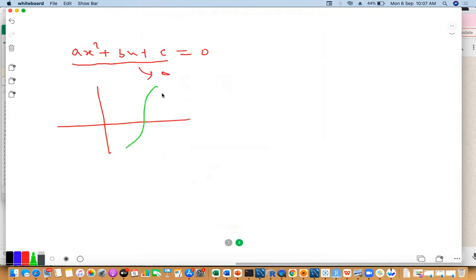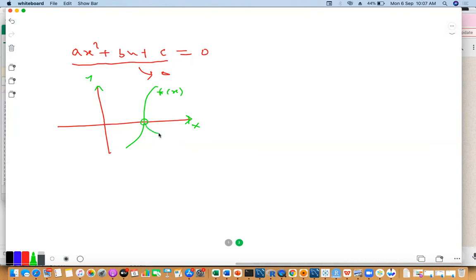Now let us consider any function f of x. Let us say this is function f of x. Now wherever it touches the x-axis, let us say this is x-axis, this is y-axis. Now this graph touches the x-axis at this point, right?